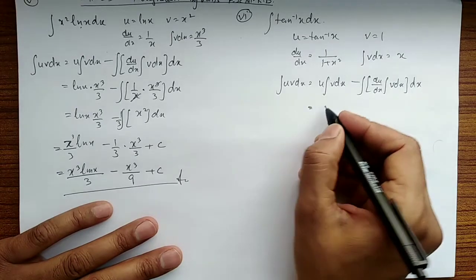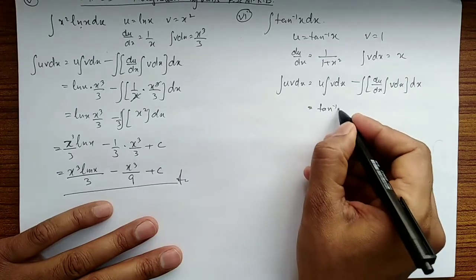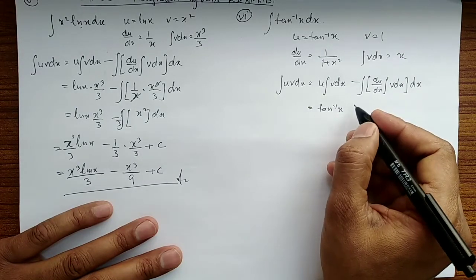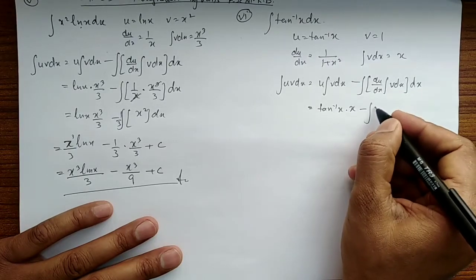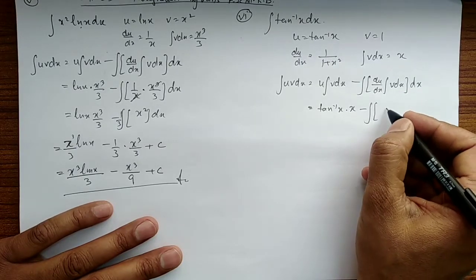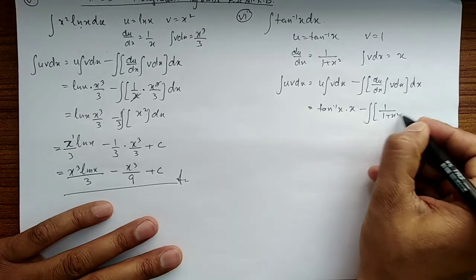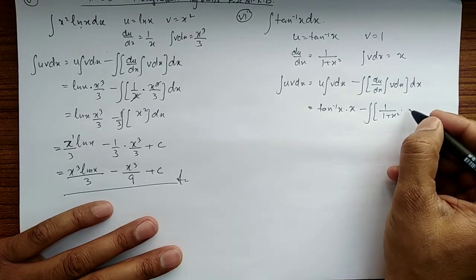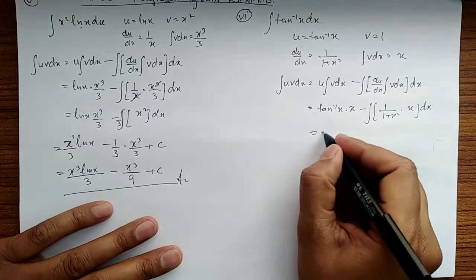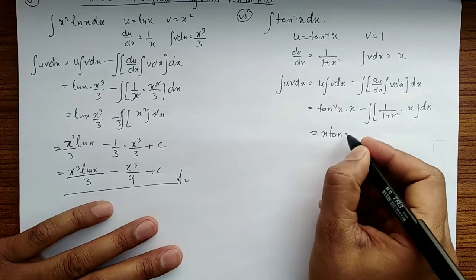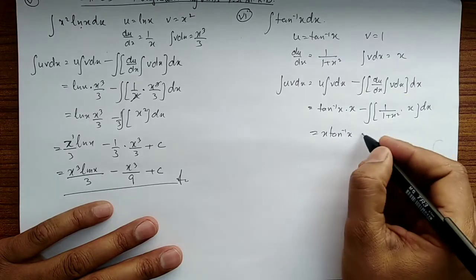So the value of u is tan inverse of x minus, writing the derivative of u, that is 1 upon 1 plus x square, into x here. We can write this in this form also.